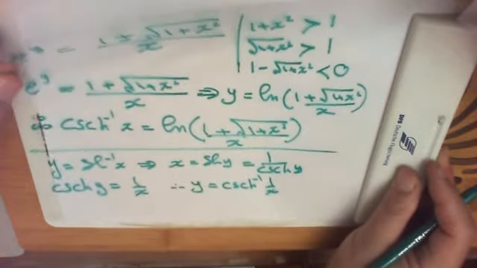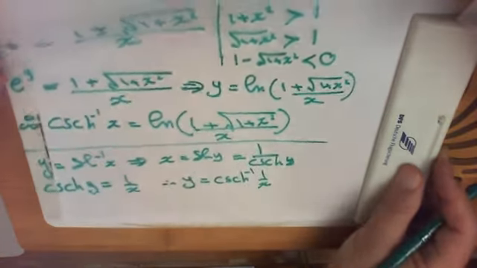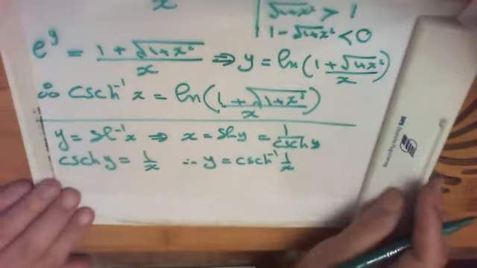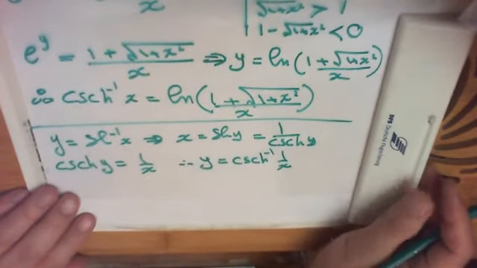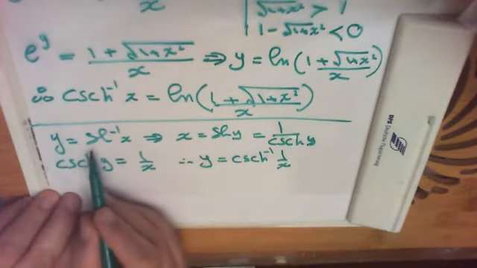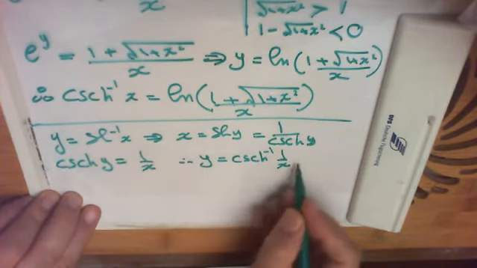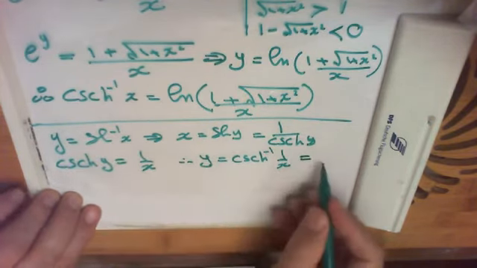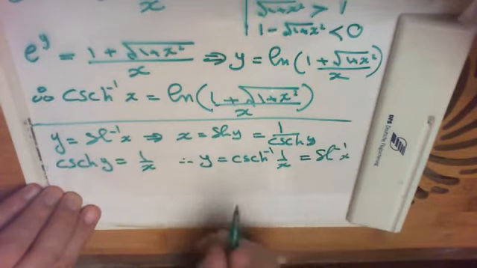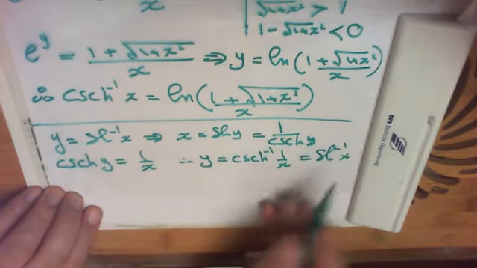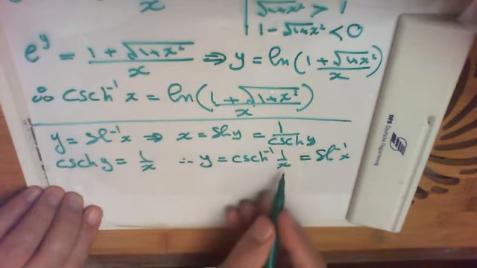A very amazing result. How? Sinh minus 1 x is this y, so sinh minus 1 x is cosech minus 1 of 1 over x.